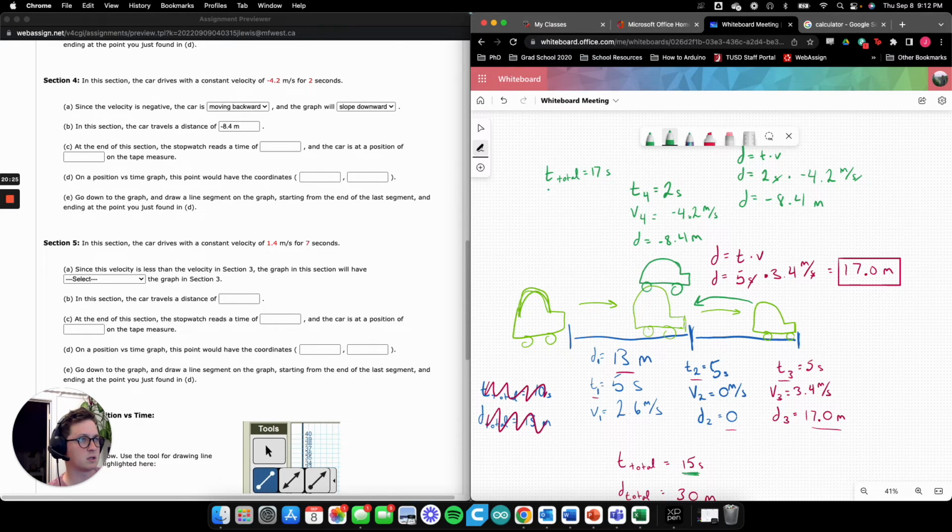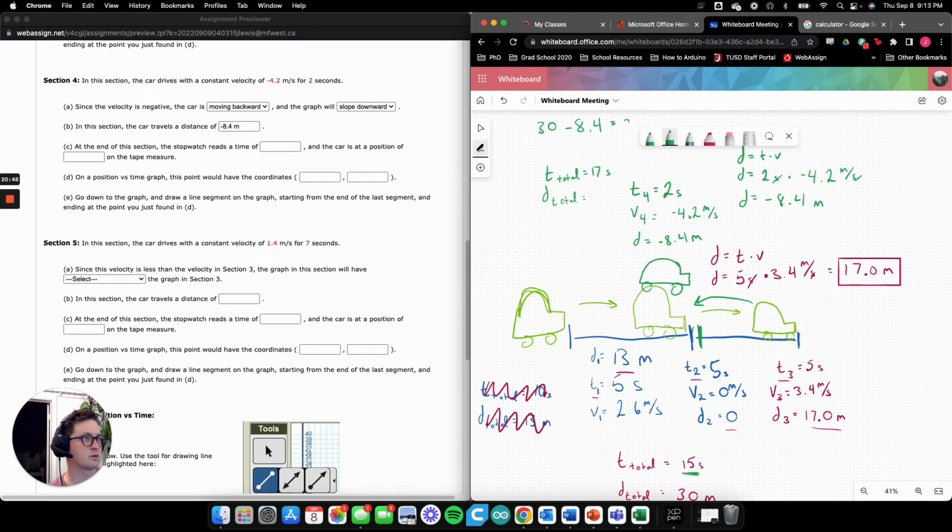Alright, then we are looking for distance total after that. Alright, so we were at 30, but we're taking away 8.4 because we moved backwards. We got closer now, back to the origin.